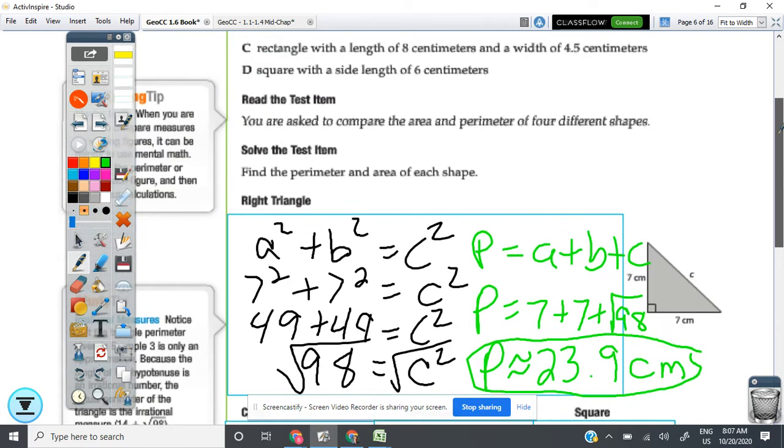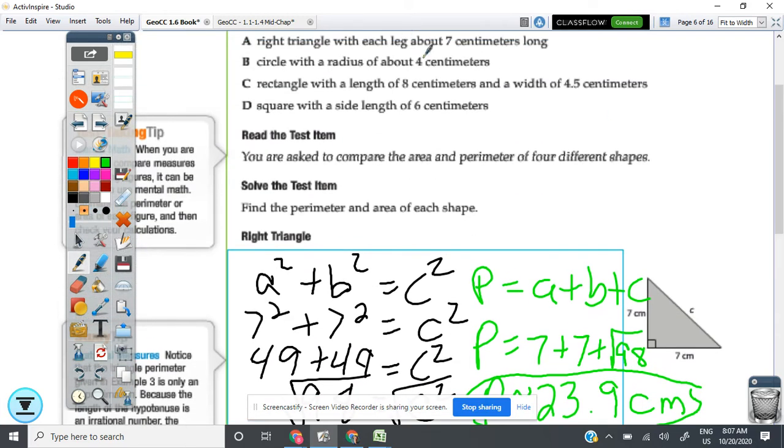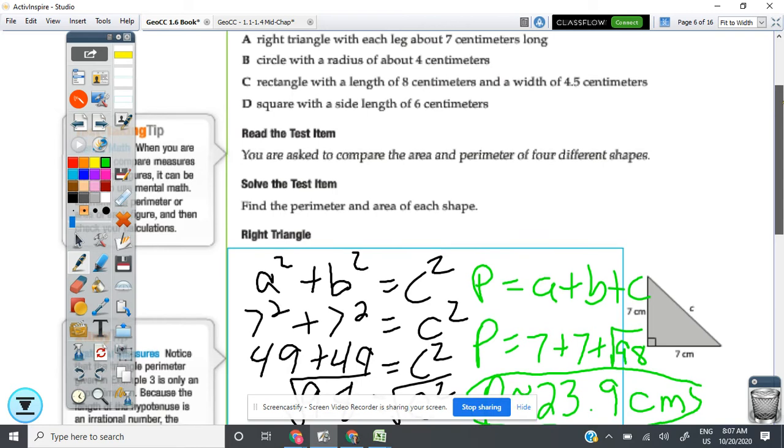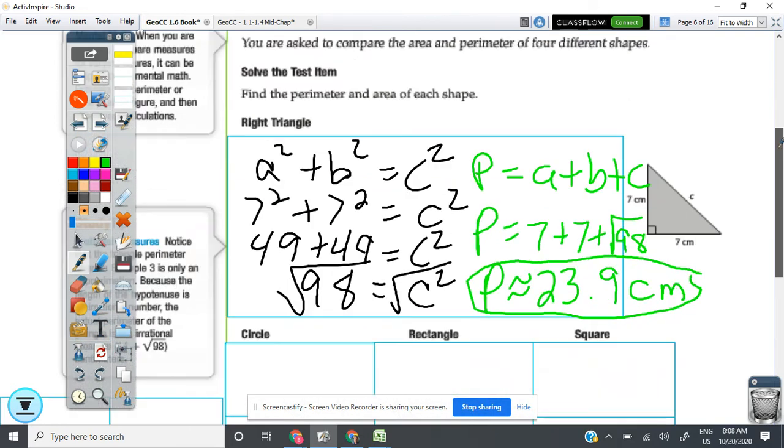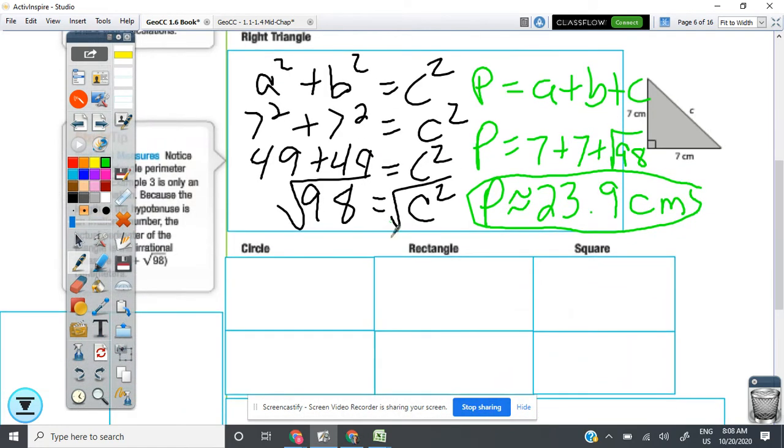It says a circle with a radius of 4. So 2 pi r is the formula. All you have to do is plug in 4, and you get 25.1.